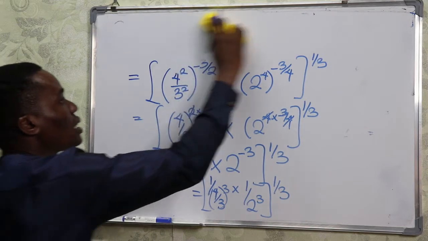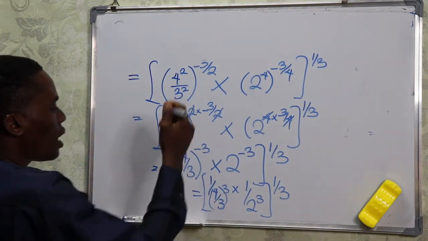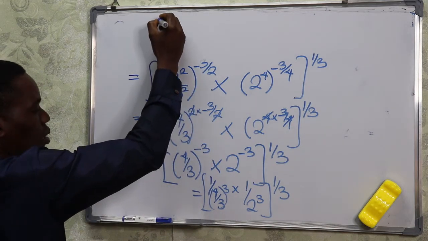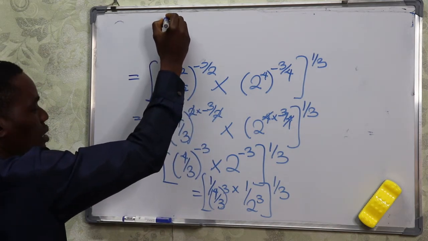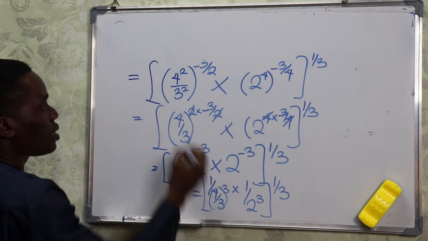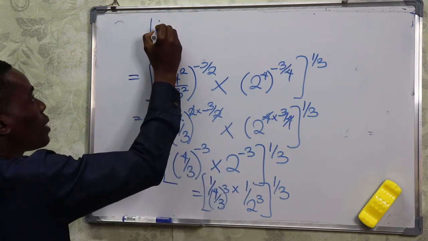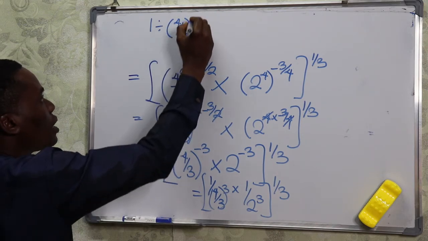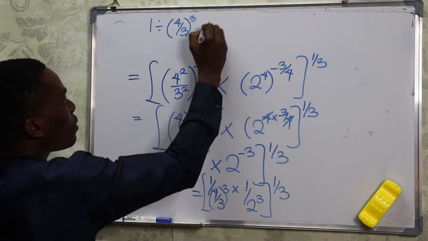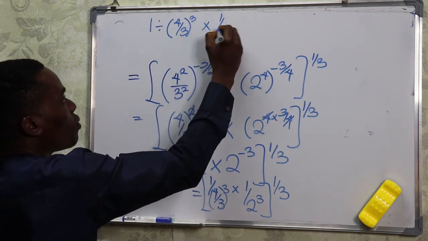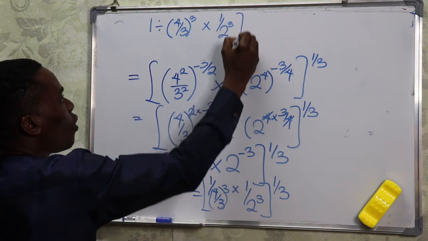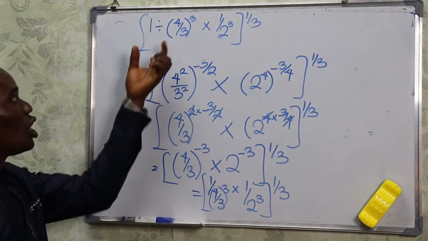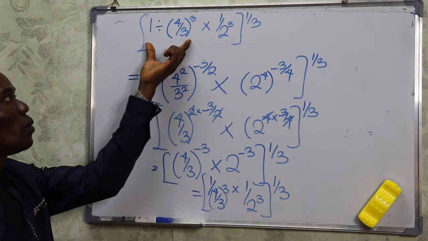Now, if we simplify that equation further, we are going to arrive at this divided by this. We are going to arrive at 1 divided by, let me simplify it so that you can see what we are doing properly, multiplied by 1 over 2 raised to power 3, all in bracket raised to power 1/3.